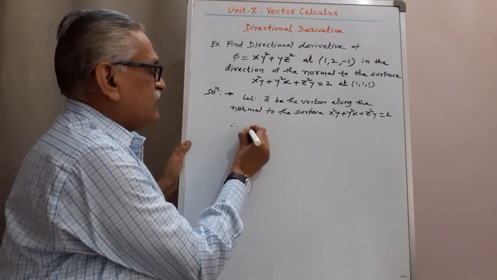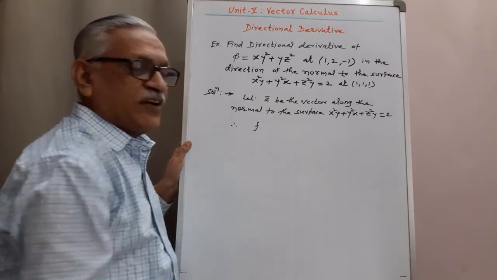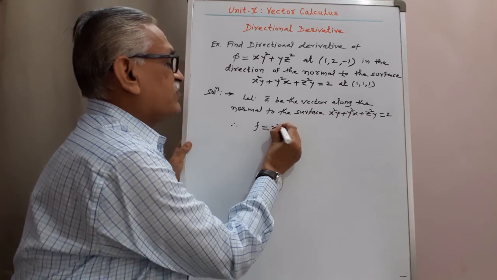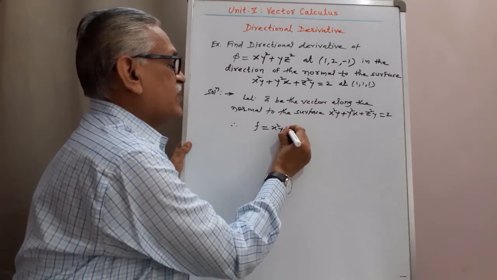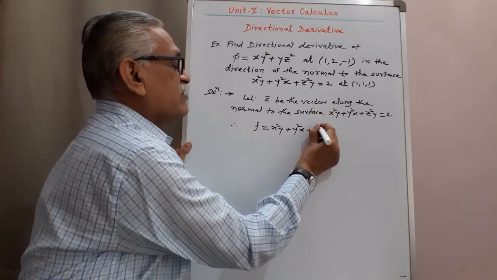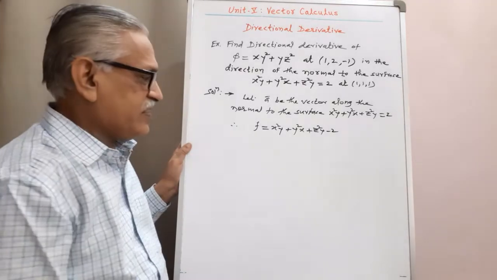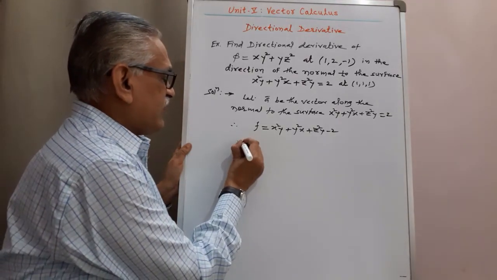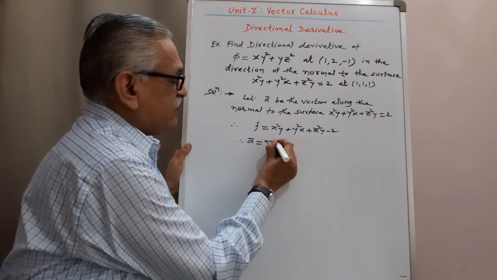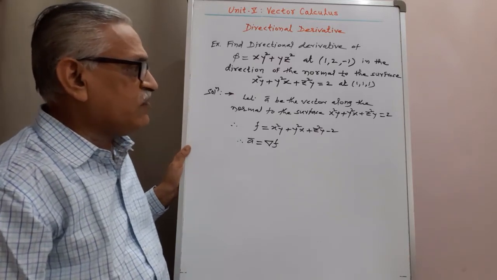Considering the scalar function f as x square y plus y square x plus z square y minus 2, a function of x, y, z, the vector a bar is nothing but grad f at the point (1, 1, 1).